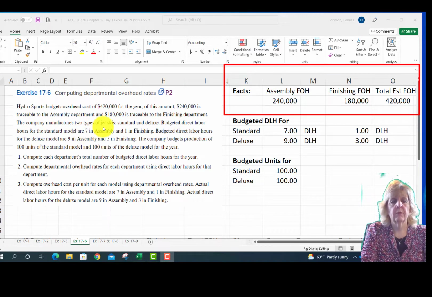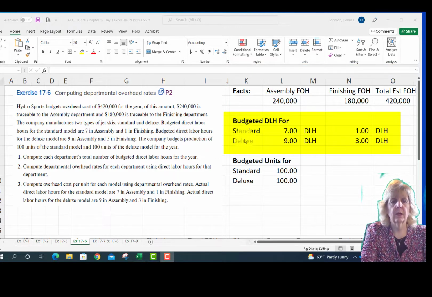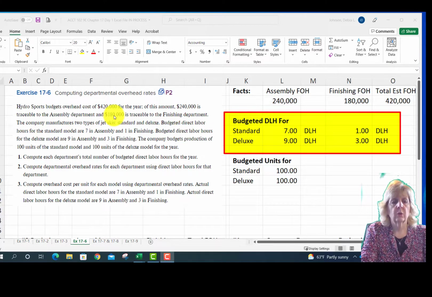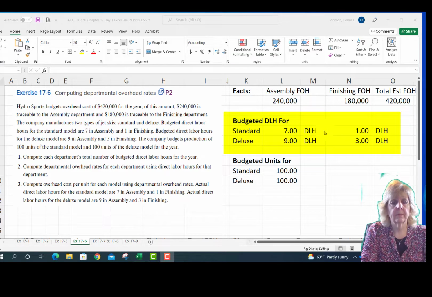The company manufactures two types of jet skis. So again, as I'm reading, I'm listing the information down. Standard and deluxe. Budgeted direct labor hours for the standard model are 7 in assembly and 1 in finishing. So again, I'm writing the data as I read it.